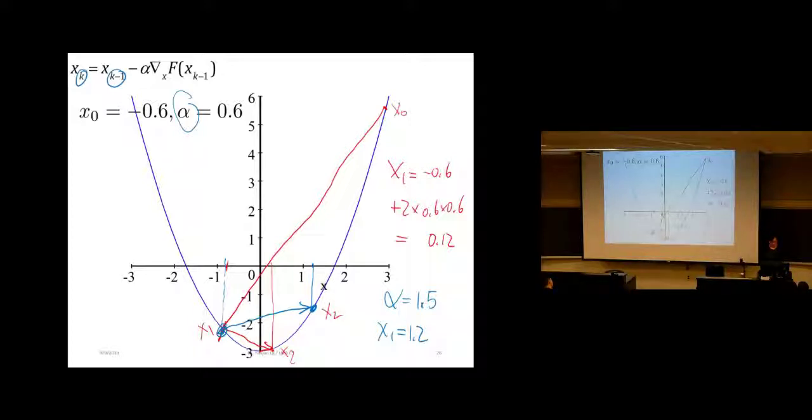With -0.6 and the minus of the gradient, you get a positive. So what you get, this is the starting point, and where's my x0? I think I did a few calculations here.